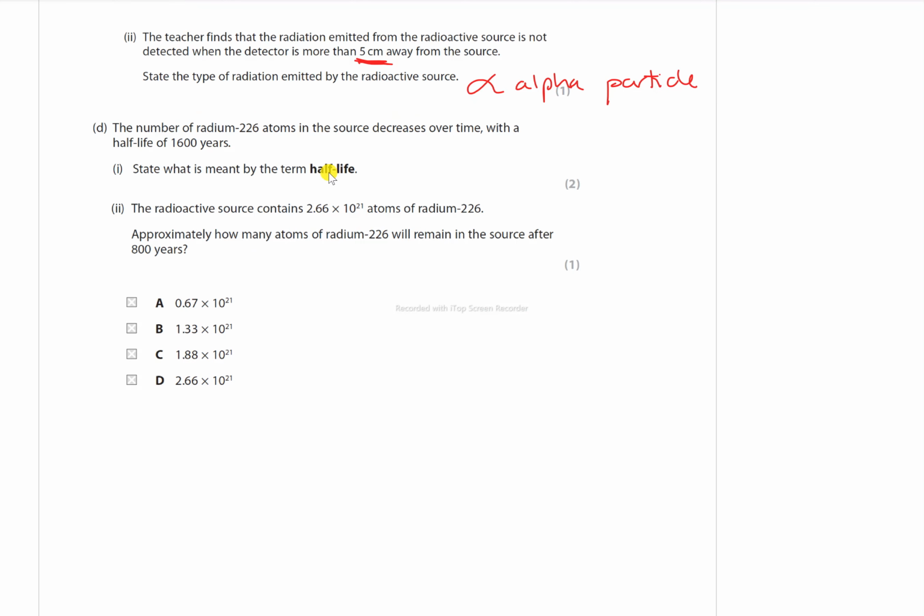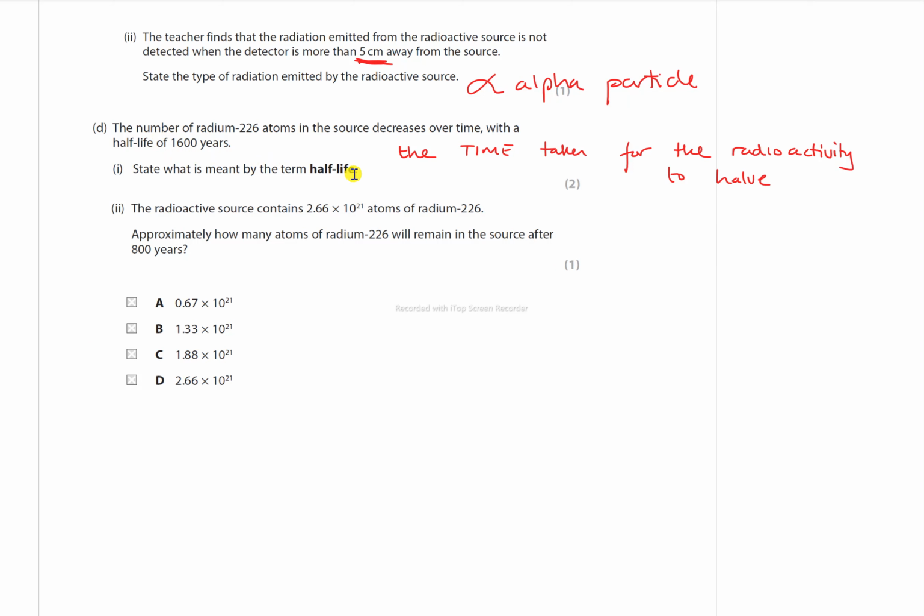Right. What is half-life? Half-life is, what did we say? The time taken for the radioactivity to halve. The sample contains that many atoms, approximately how many?